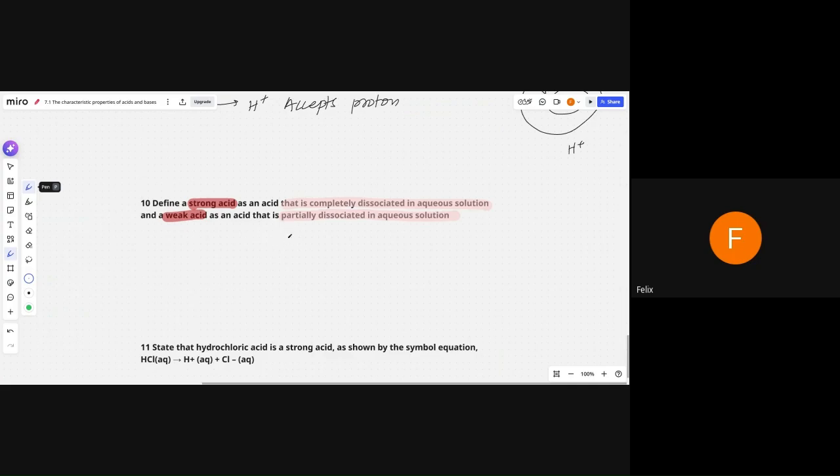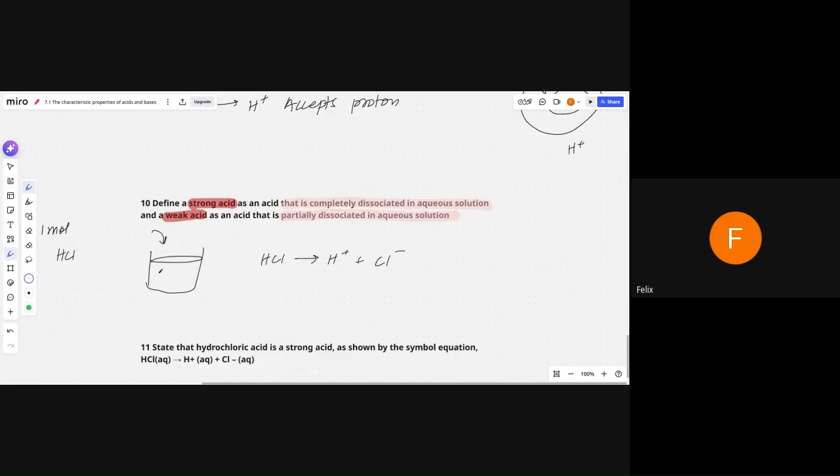So let me put this in perspective. Let me give you guys an example. For example, HCl is a strong acid. So when I put 1 mole of HCl molecules into water, 100% of this acid will be converted into H plus and Cl negative.